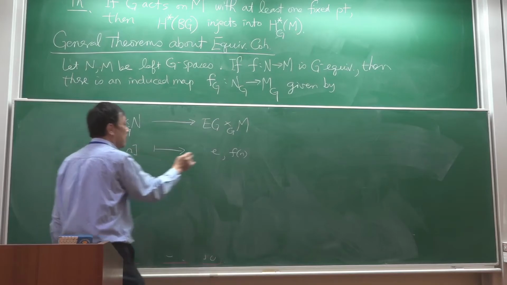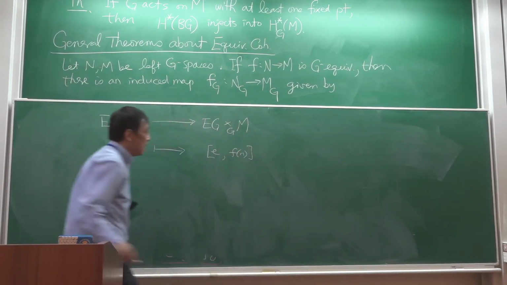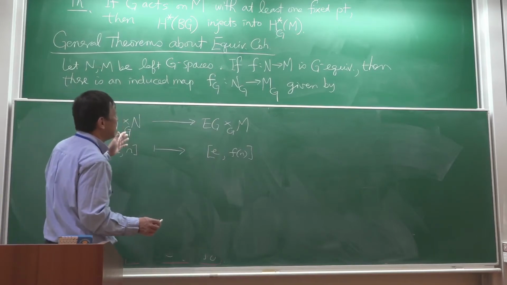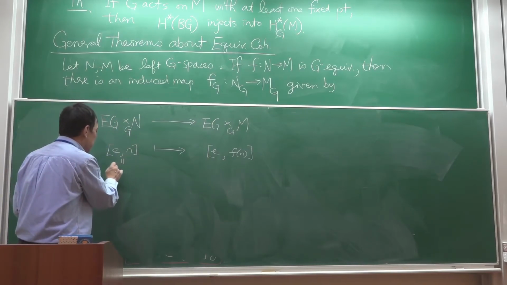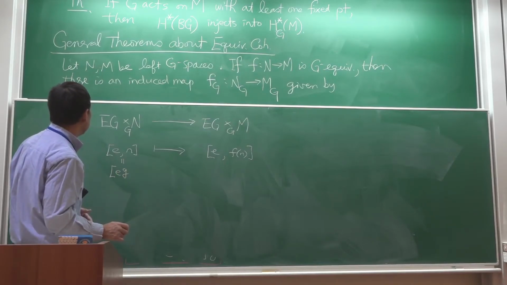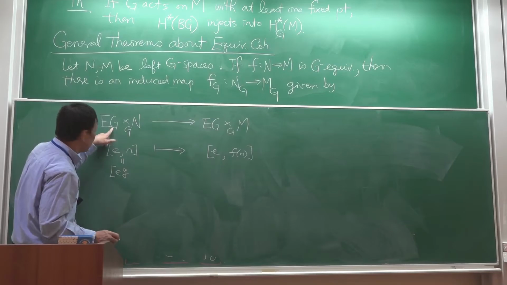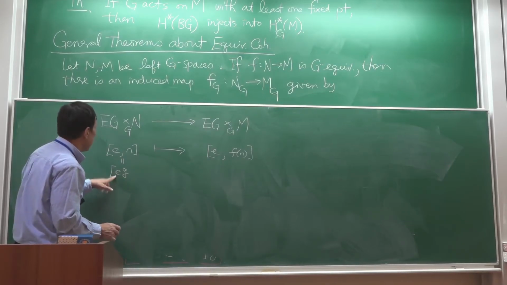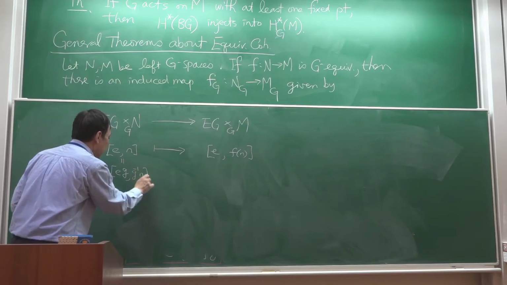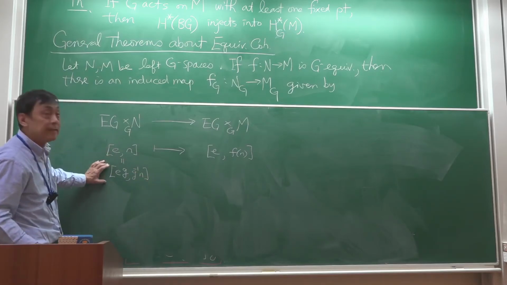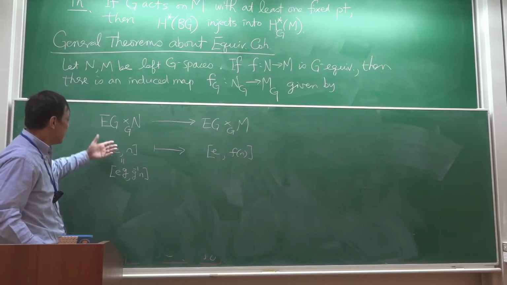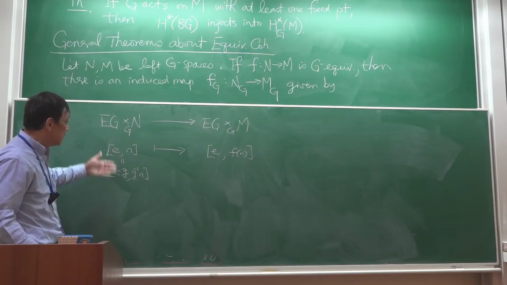So how do you show that it's well defined? Well, you pick another representative. Now G always acts on EG on the right, and it acts on N on the left. So this is the same as this, because they're equivalent. Therefore, the equivalence classes are the same.